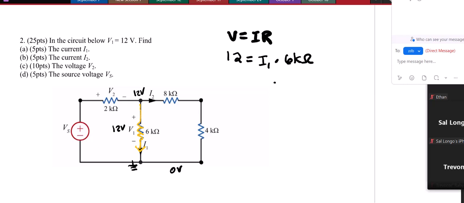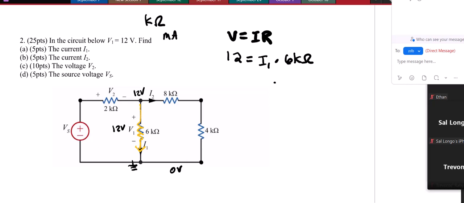And it's helpful to remember that 1 over a kilo is a milli. A lot of times you'll see in the same problem kilo ohm resistors and milliamp currents, because a kilo times a milli is 1.